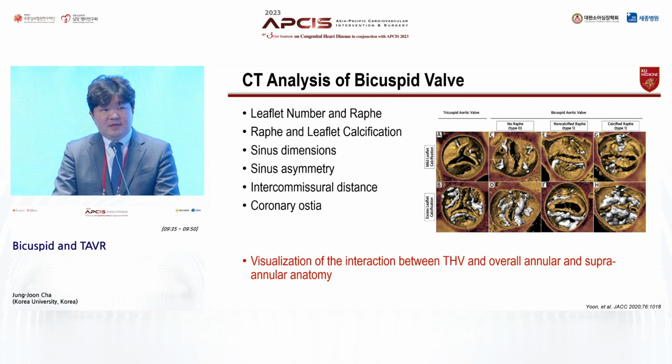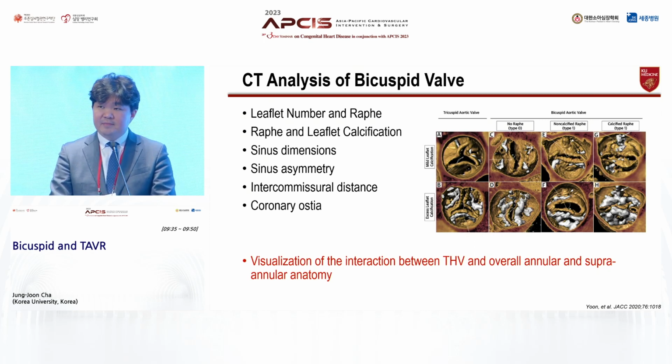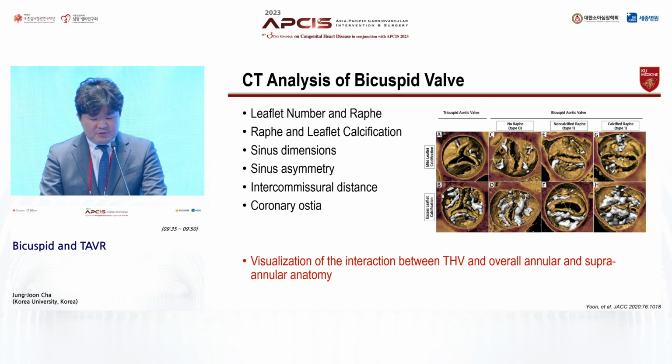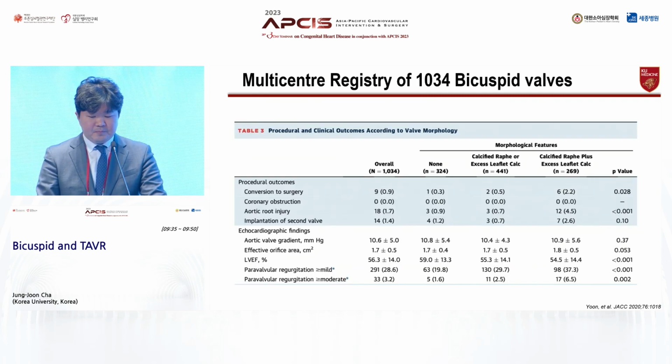So CT provides lots of information, including leaflet numbers, raphe and leaflet calcification, sinus dimension, sinus asymmetry, intercommissural distance, and coronary ostia. And moreover, visualization of the interaction between the transcatheter heart valve and the supra-annular and annular anatomy.